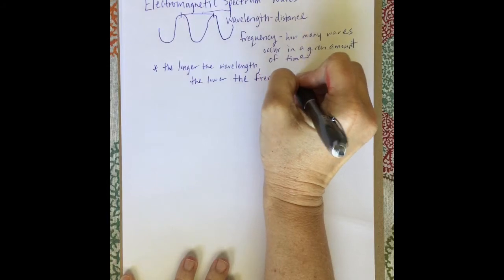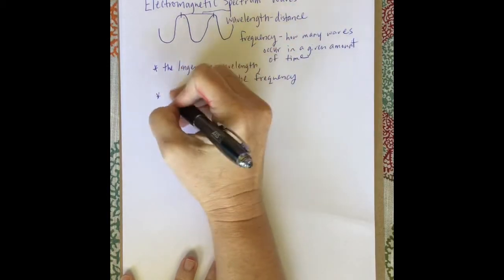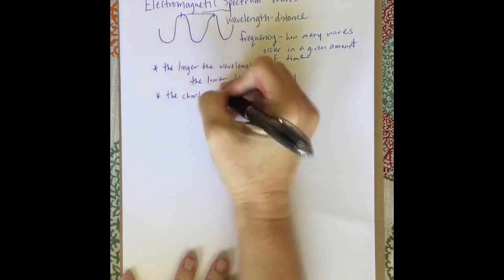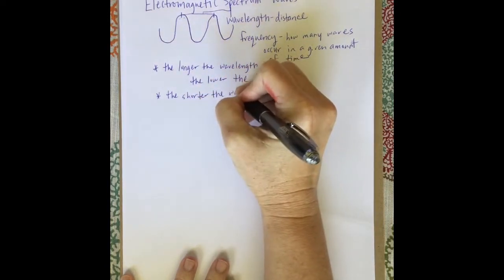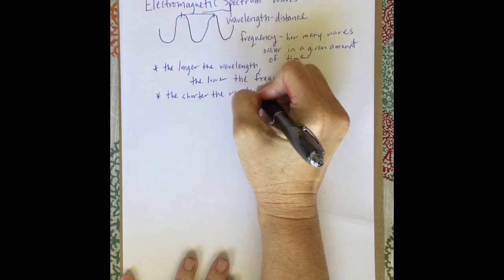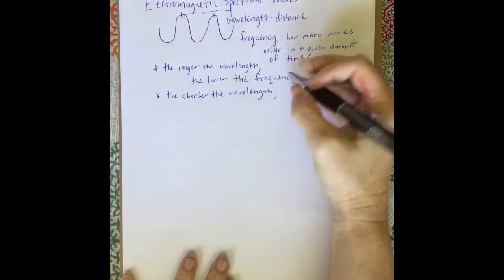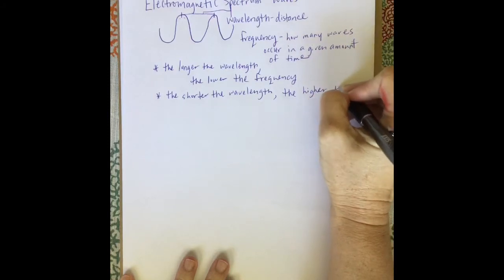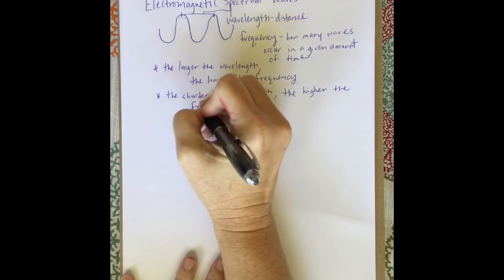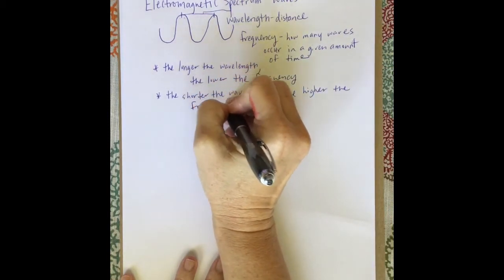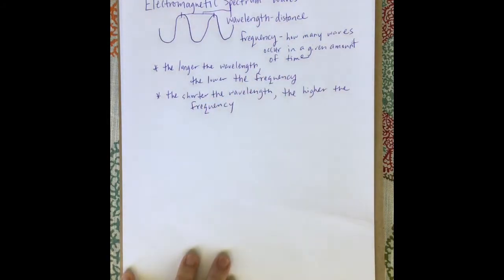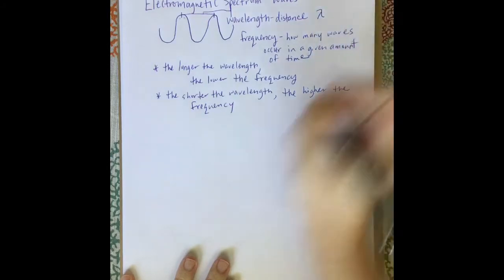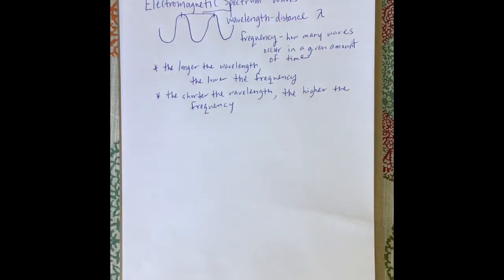And the inverse of that would be the shorter the wavelength, the higher the frequency. And sometimes you'll see a wavelength given to you in this symbol. That's just the wavelength symbol.